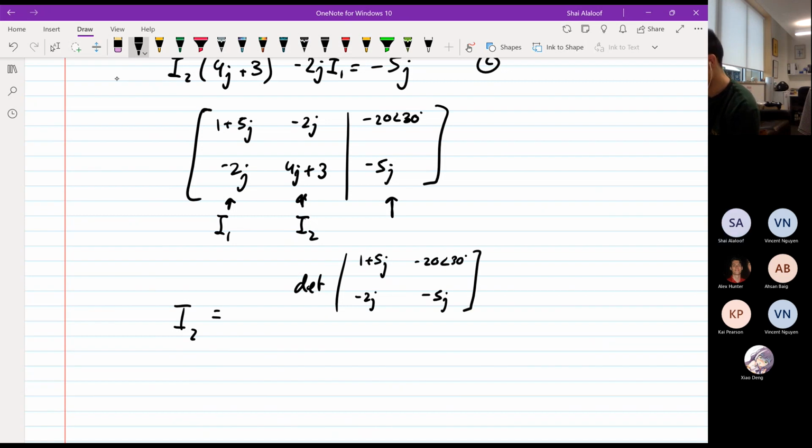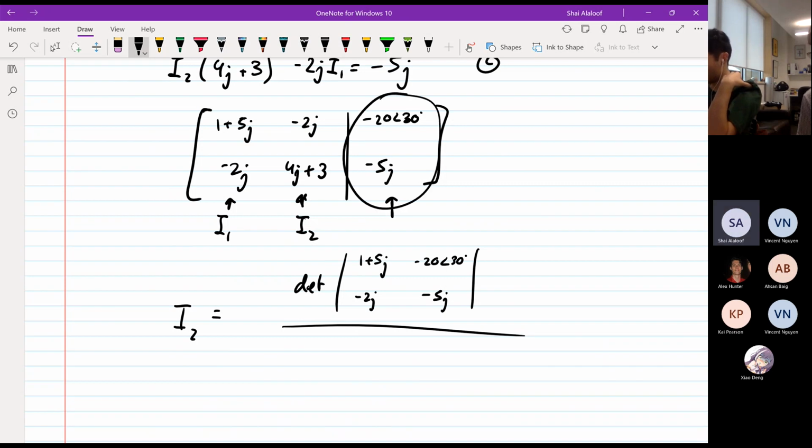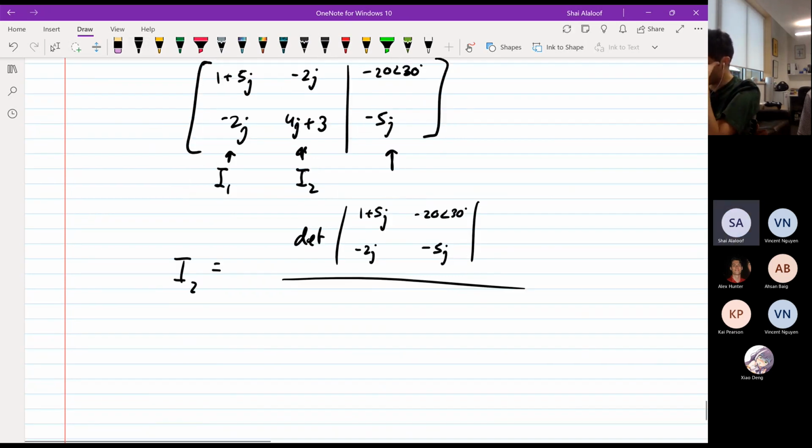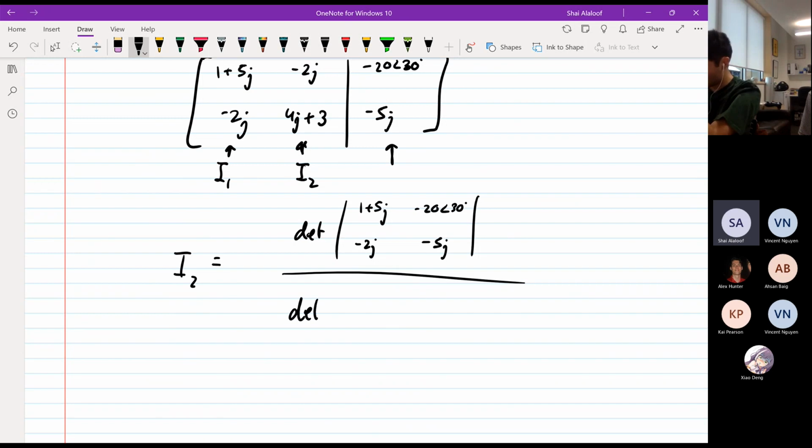So all I've done is the same matrix, but I've replaced the second column, which is the I2 one, with this solution vector, over the determinant of the original matrix with nothing done to it.